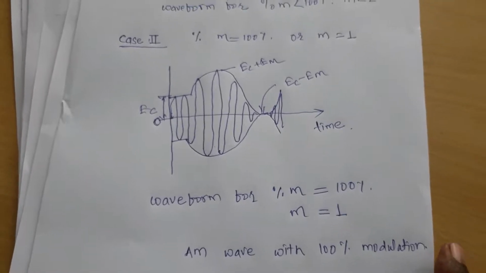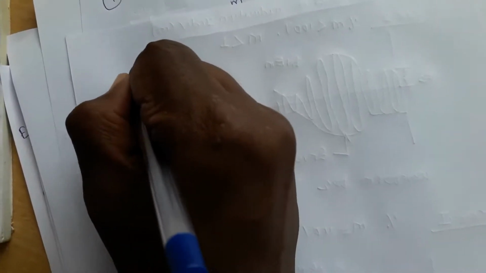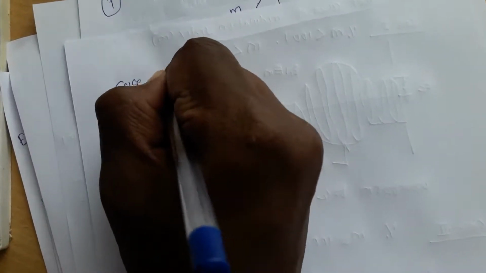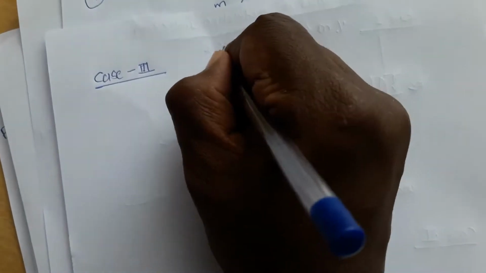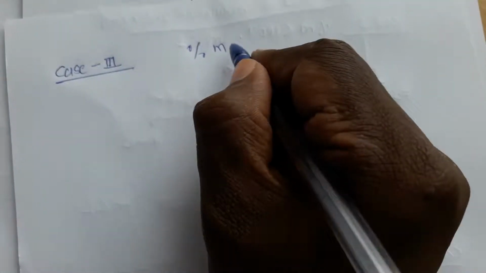Now let us have a look at the third case. In case number 3, the percentage modulation is greater than 100%.